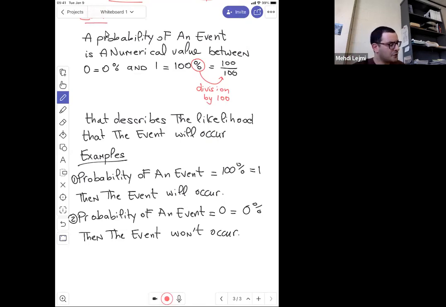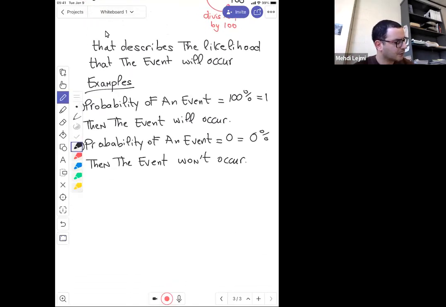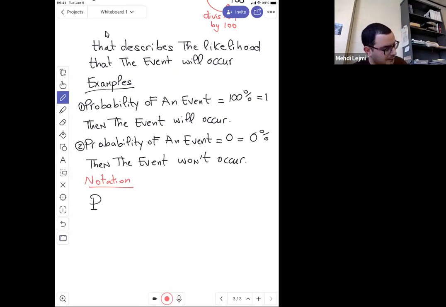Now, I'm going to discuss some notation here. We denote the probability of an event as follows. When we write capital P of A, the capital P stands for probability.